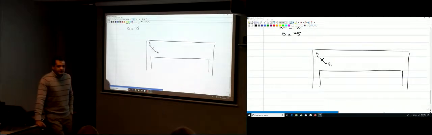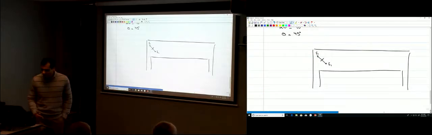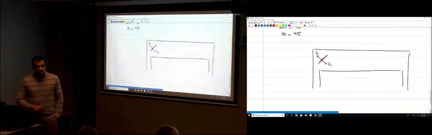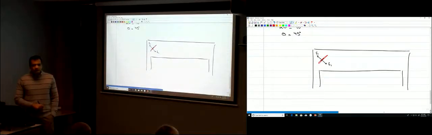The concrete is weak in resisting the tensile force. So what would happen to the concrete when you have a tensile force here? It will develop a crack. So you're going to have some crack over here, at an angle of 45 degrees.